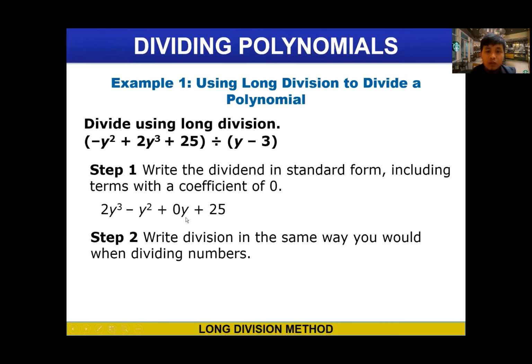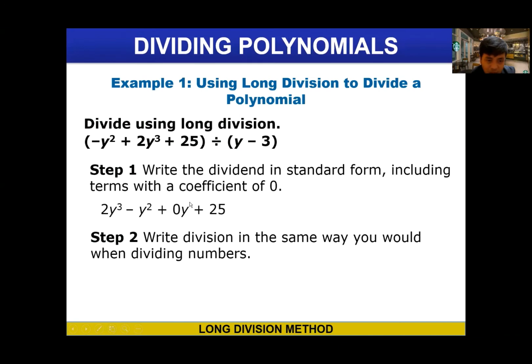So we have to place 0 as a placeholder for that particular missing exponent in the given expression. Now, rewrite this in descending order: 2y cubed minus y squared plus 0y plus 25.